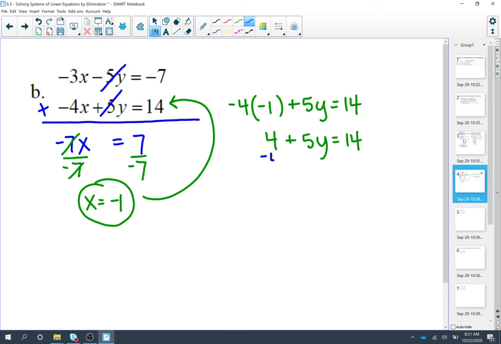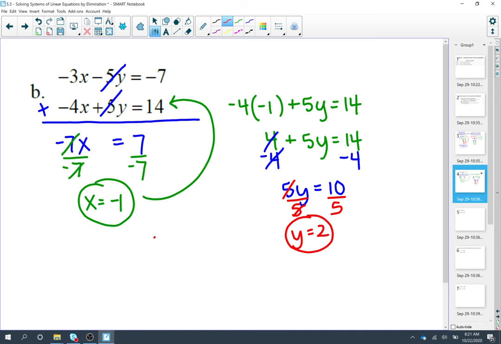Then I'm going to subtract 4. So we get 5y equals 10. Divide by 5. Y equals 2. And then final answer, x, y: -1, 2. And again, that's the point on the graph where these two would intersect.